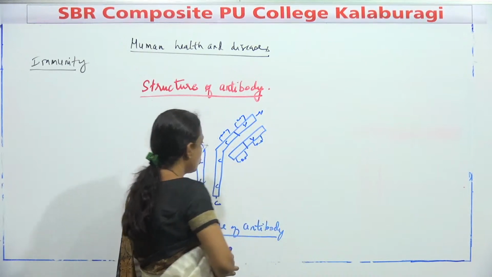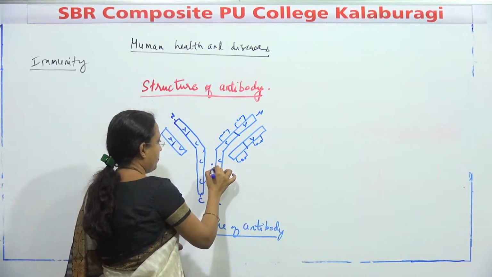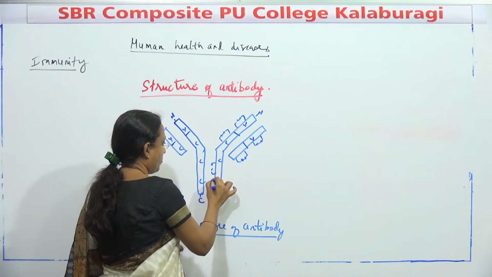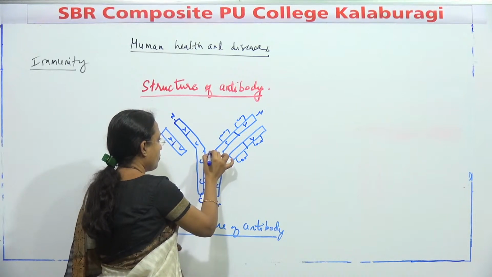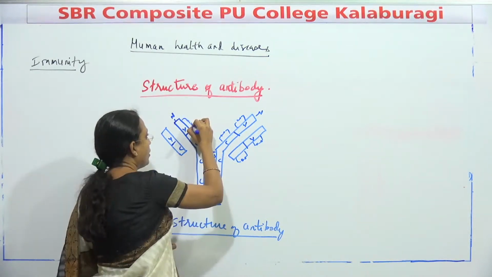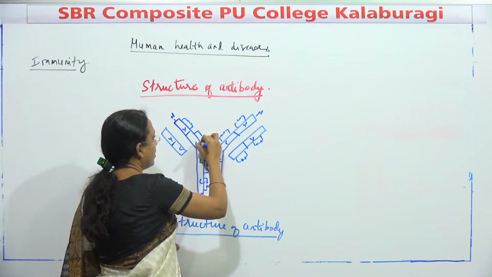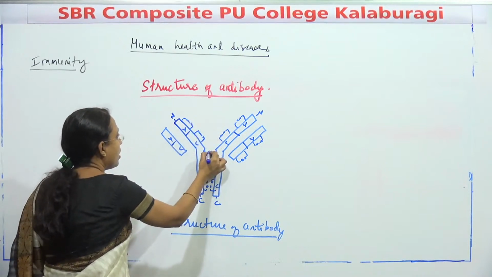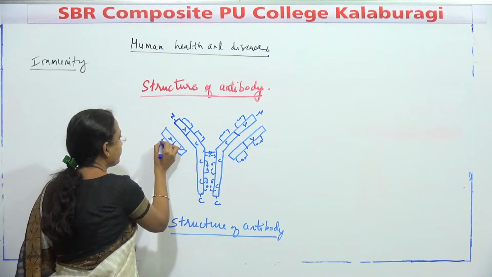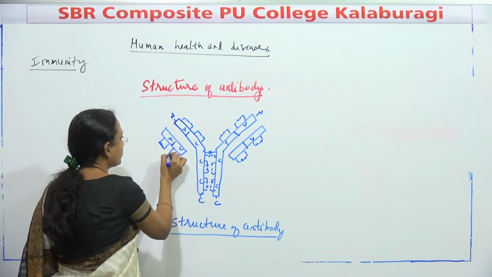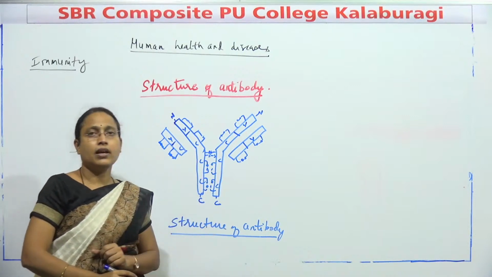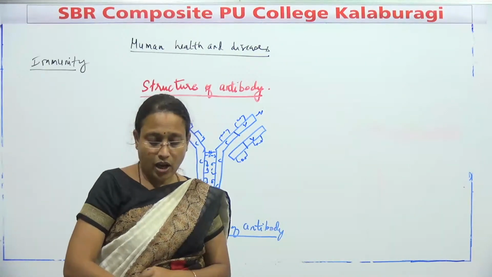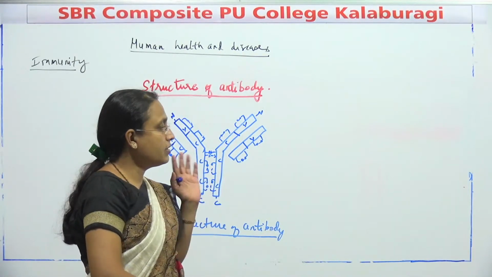So I'm drawing those covalent bonds that are formed between cysteine residues within the amino acids. So these are the bonds that are present in the antibodies.